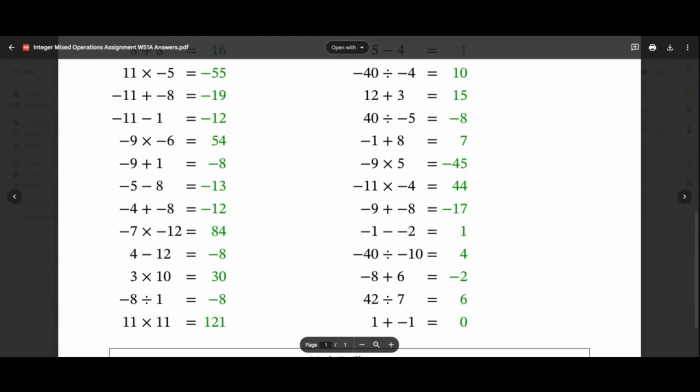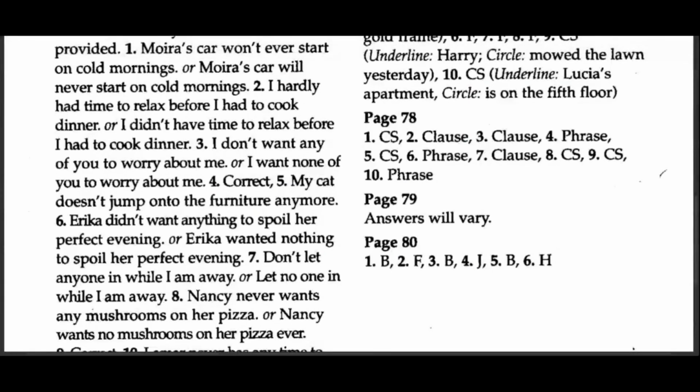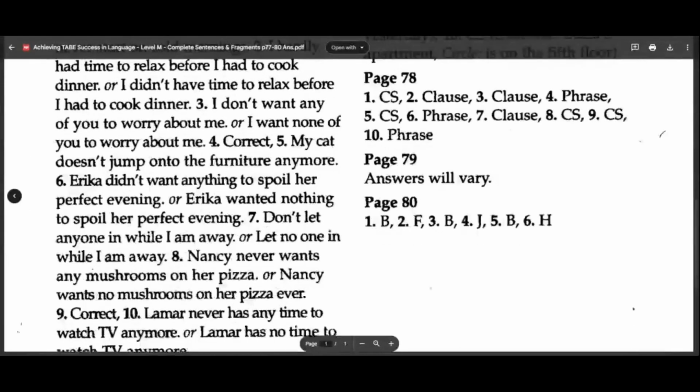All right, I'm going to switch then to the grammar. You had to finish the last 2 pages. Let me switch over. On page 79, you had to rewrite those sentences, so the answers are going to vary depending on what you wrote. But on page 80, here were the answers for those.